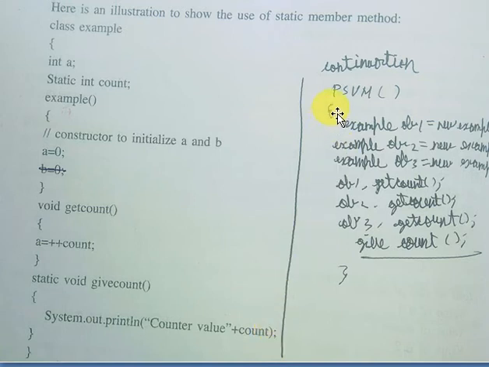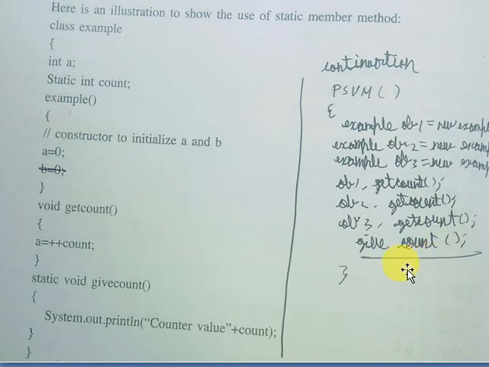See, public static void main, first object ob1, second object, third object, same as the previous main program. ob1.getCount, like last time, as soon as the objects are created, their A's become 0, and count is only one memory location like the last program, and that will be 0. When I call ob.getCount, count becomes 1, that is given to A, meaning ob1's A gets it. Similarly, ob2's A gets 2, ob3's A gets 3, and count will be 3 at the end.